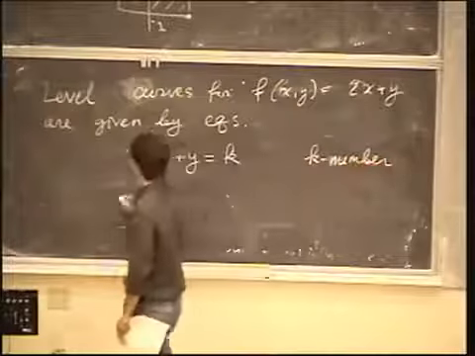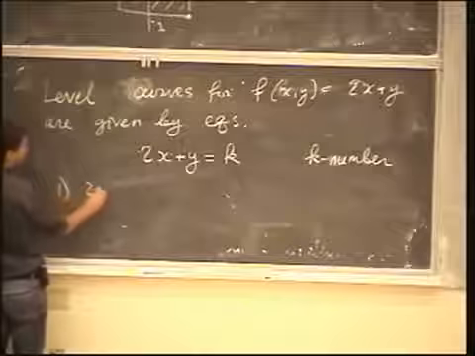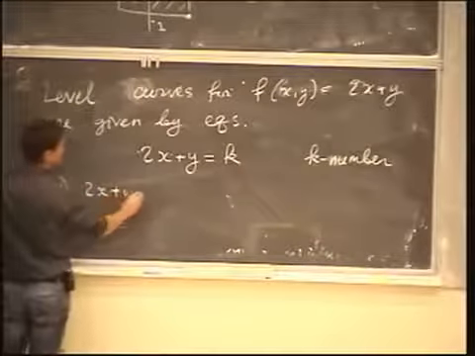So for instance, one possibility is, say, k is equal to 0. 2x plus y equals 0.